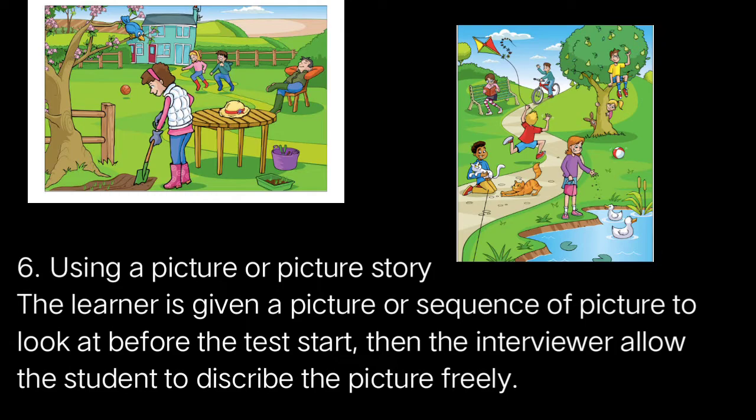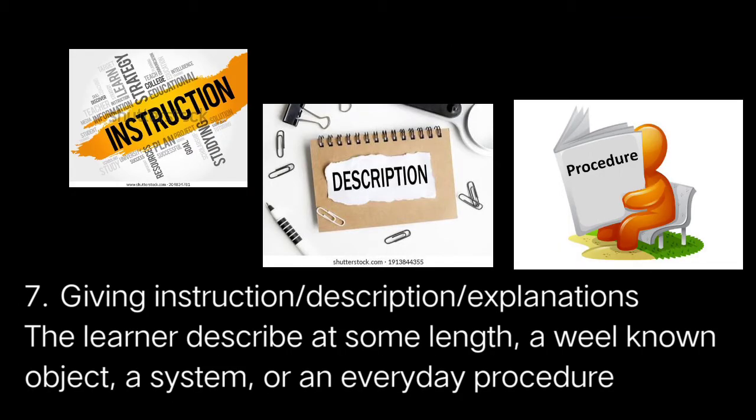Then, the interviewer allows the student to describe the picture freely. 7. Giving instruction, description, and explanation. The learner describes at some length a well-known object, a system, or an everyday procedure.